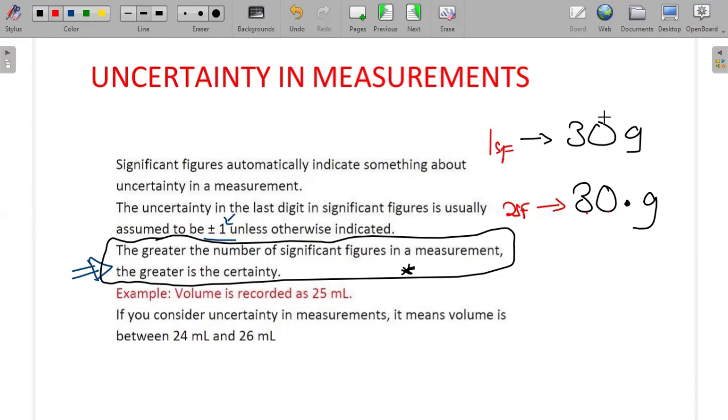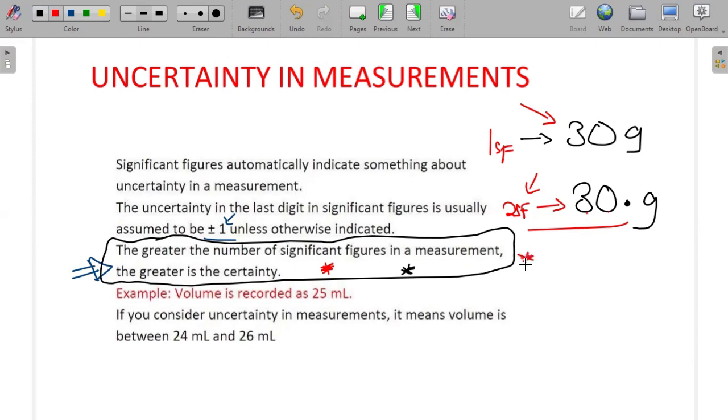They'll ask which of these two numbers is more certain. The answer comes from this statement: this one is more certain because it has more significant figures, and this one is less certain because it has fewer significant figures. So take note of this statement.